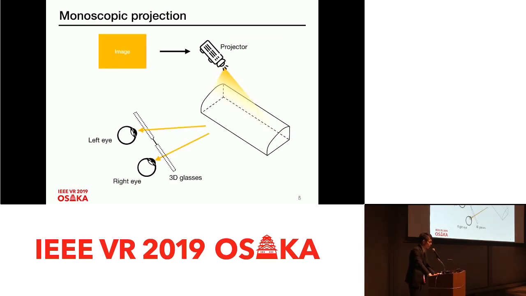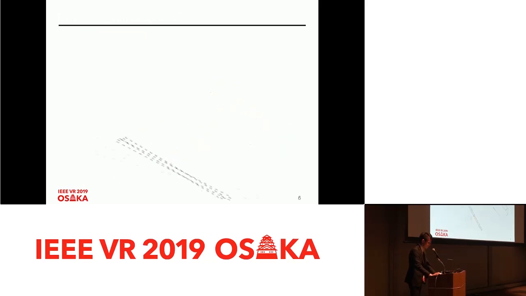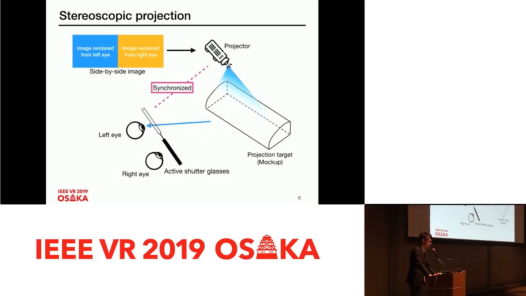I'll talk a little bit about the projection method. Monoscopic projection is a normal projection, as now the projector projects here. The same image is conveyed to both eyes. On the other hand, stereoscopic projection utilizes binocular disparities.